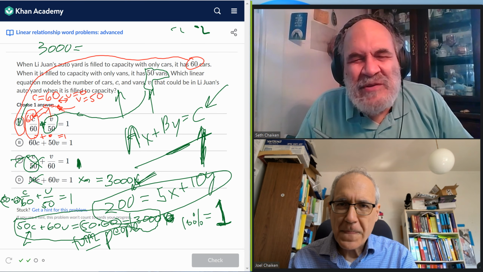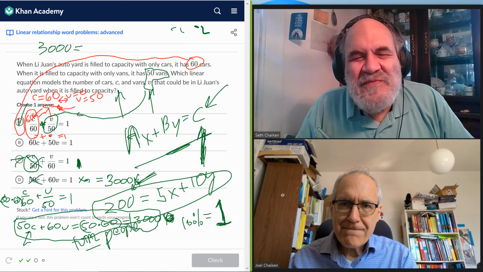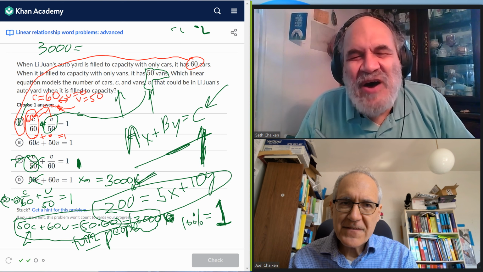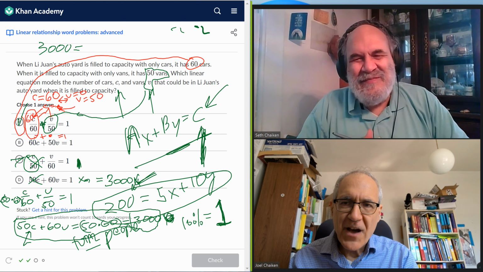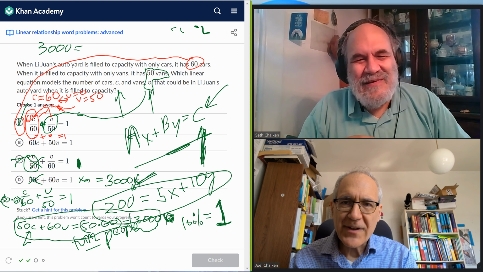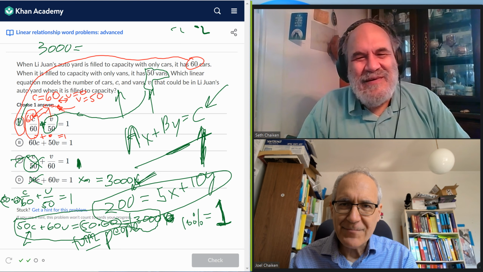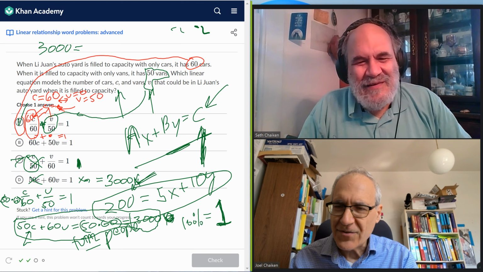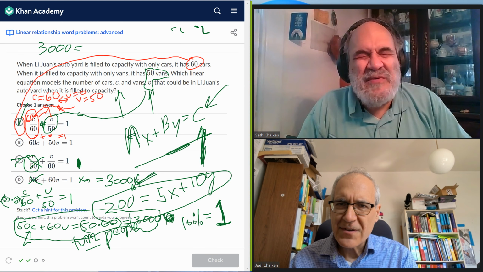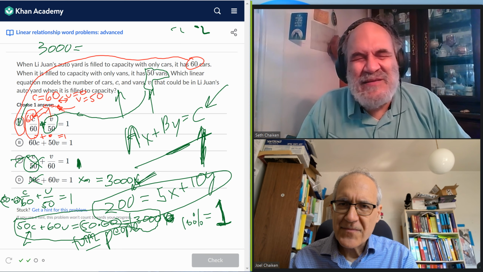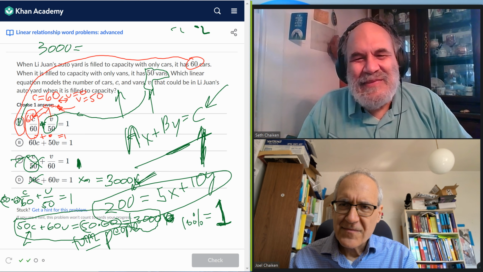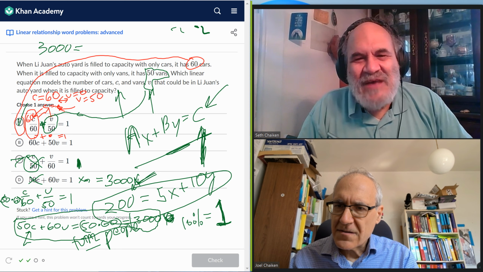No, 3,000 is the number of cars times the number of vans. It can't be the number of cars. It's the maximum number of cars times the maximum number of vans. Oh, you're right.